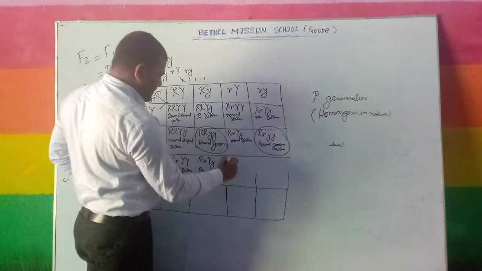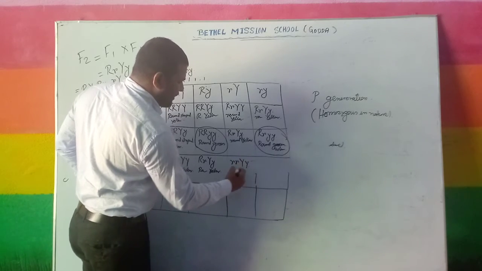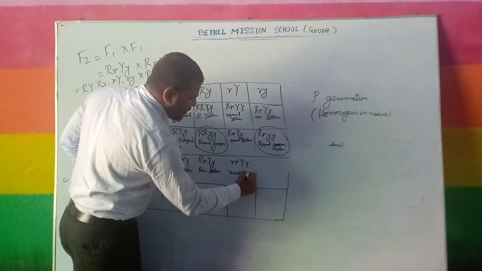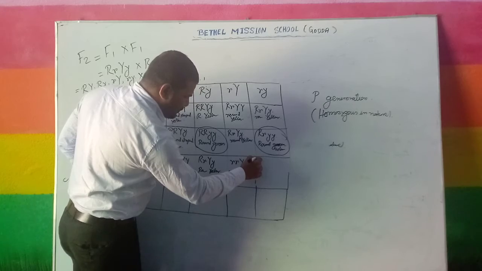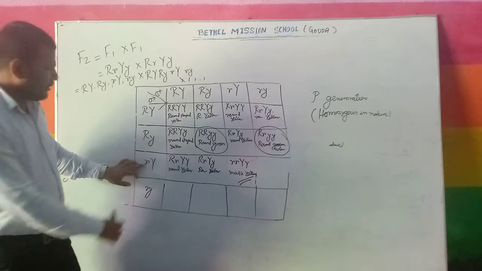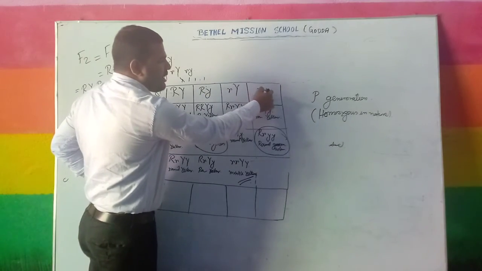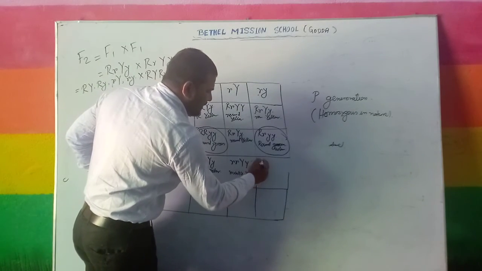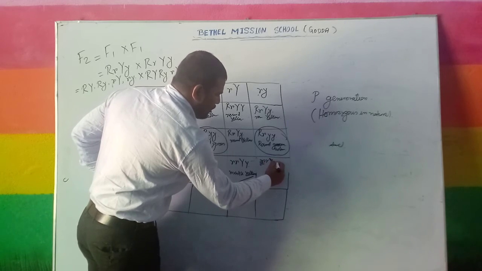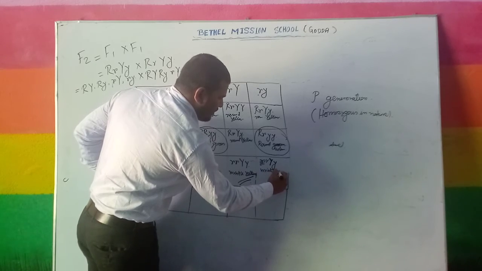Now these are going to fertilize this: small r, small r, capital Y, capital Y. This is the first one which produces the wrinkle-shaped yellow colored seed. Wrinkle-shaped yellow colored seed. Now this capital Y is going to fertilize the small y, producing small r, small r, capital Y, small y. These are also the wrinkle-shaped yellow color.